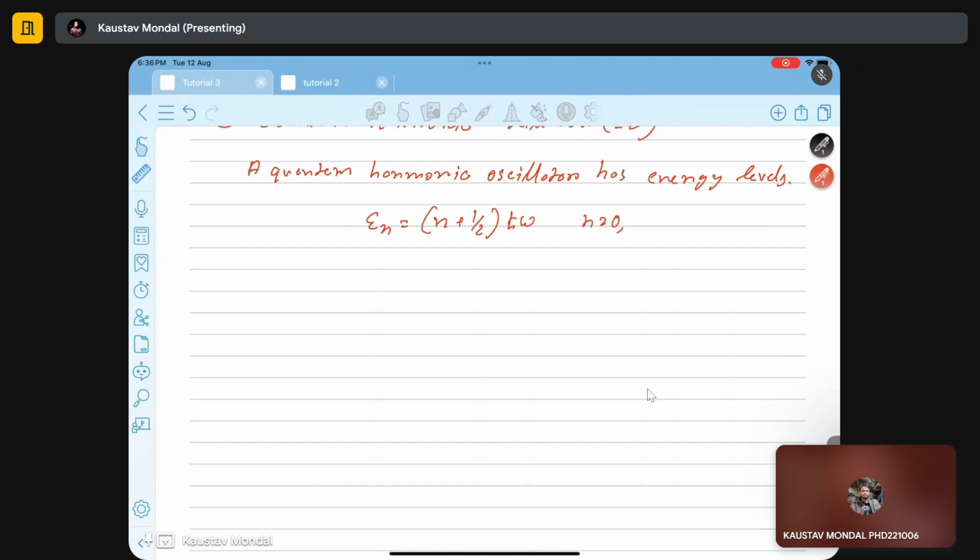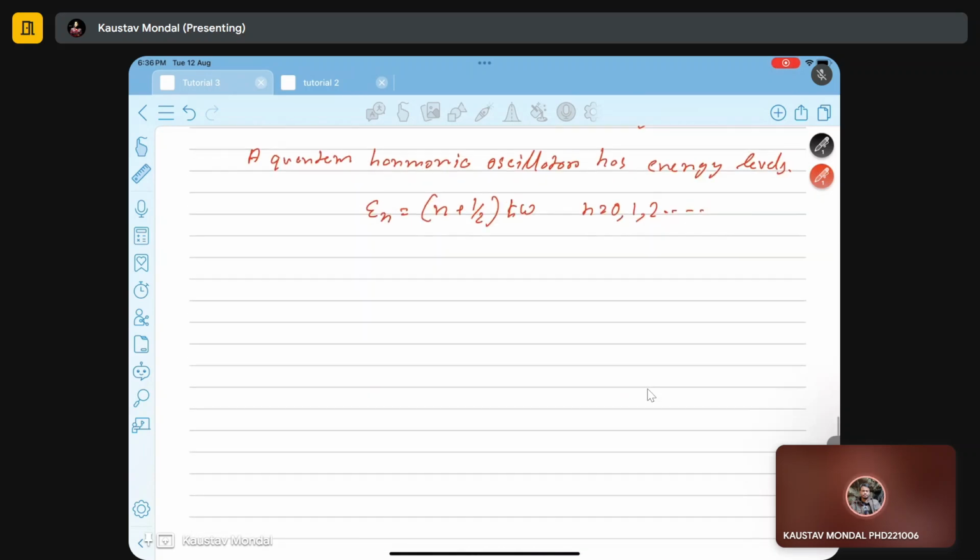At the 0th state you have energy h-bar omega by 2. n goes 0, 1, 2, and so on, just increasing the number of states.